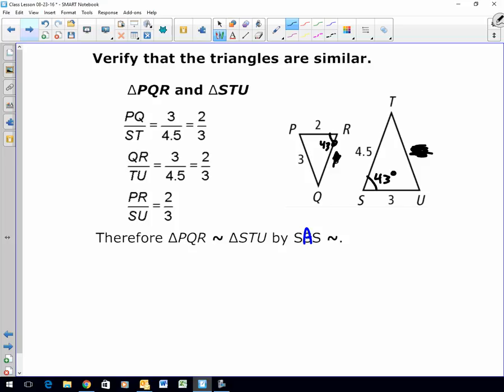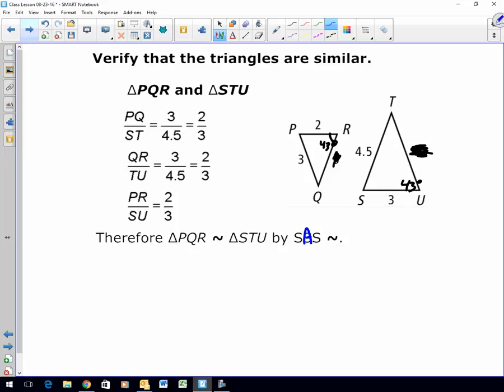I'll tell you what, I'll make it really easy. And this angle is 43. Okay? I'm not giving any other information except this. Right? Tell me what this is. Tell me what this is.